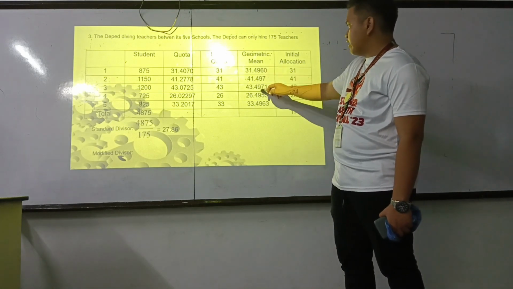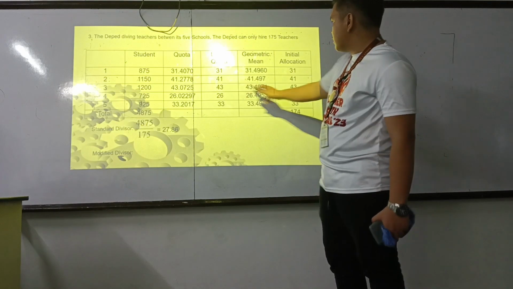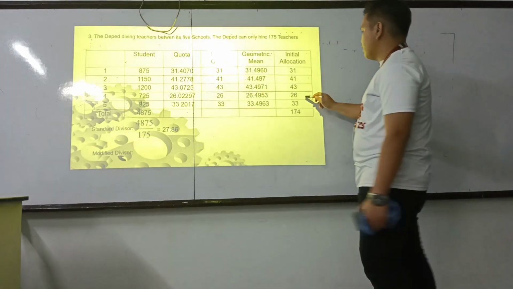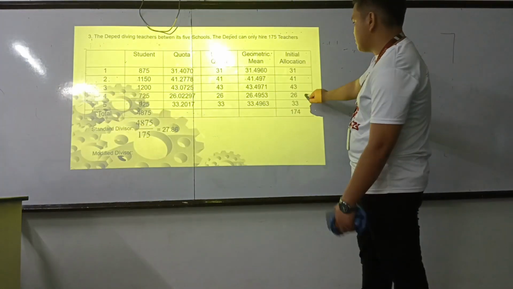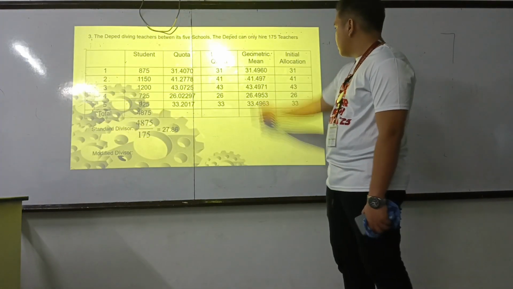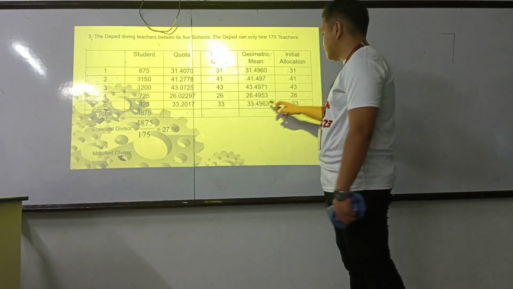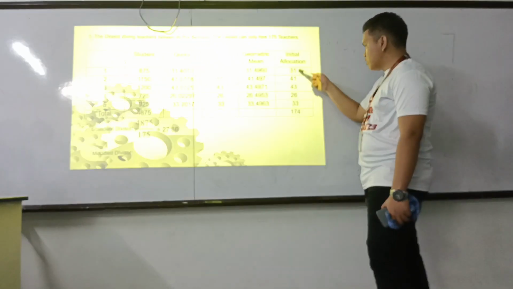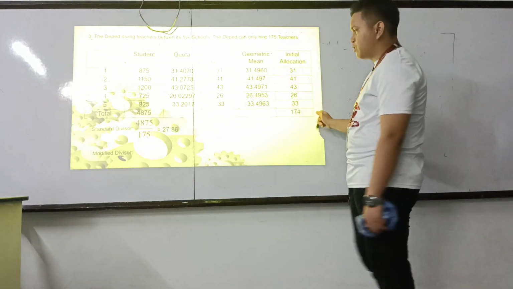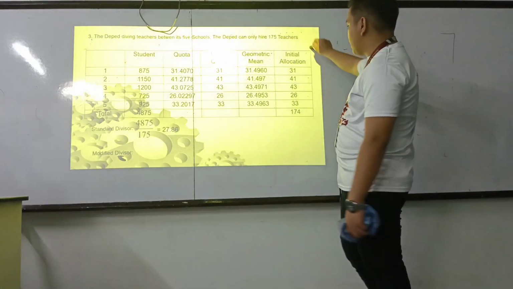And in 3, the geometric mean is higher than the quota, so it will be the same. And 4, and 5, likewise the same. But as you can see, the total of this is 174, which is not the same as the 175 the district can have.